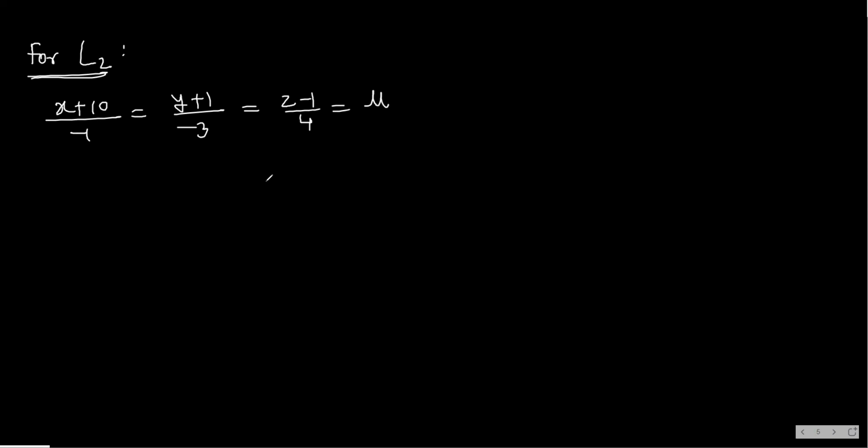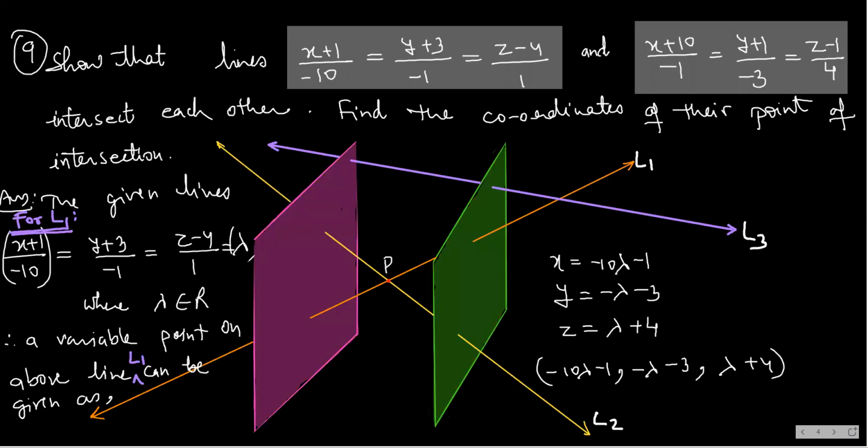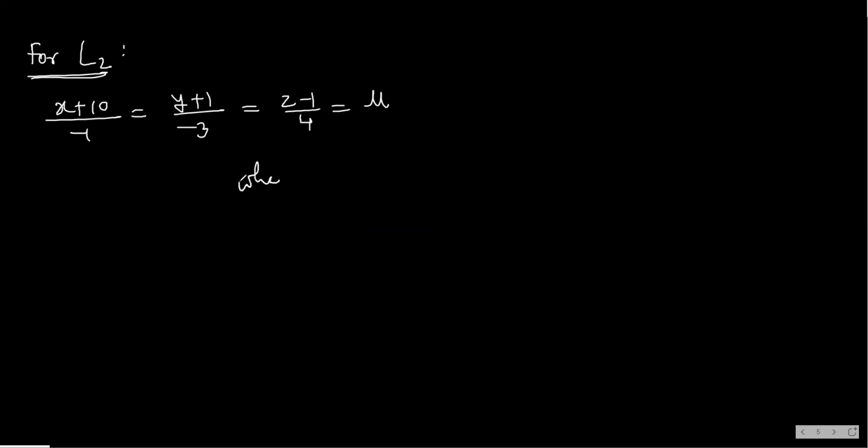What is mu? Just like we took lambda there as a parameter, we are taking mu here as a parameter, where mu belongs to R and mu is a parameter.